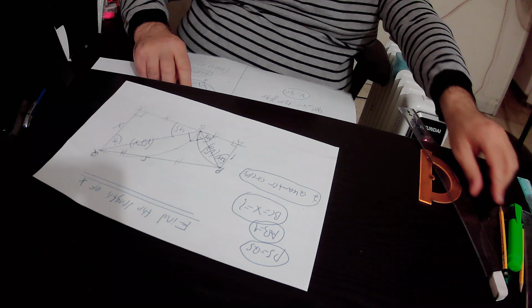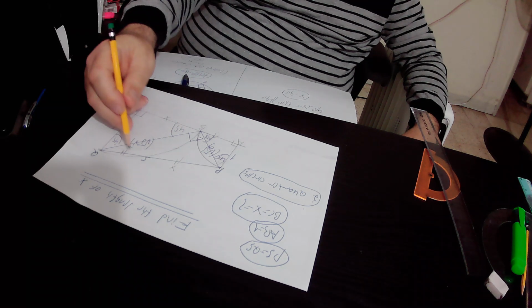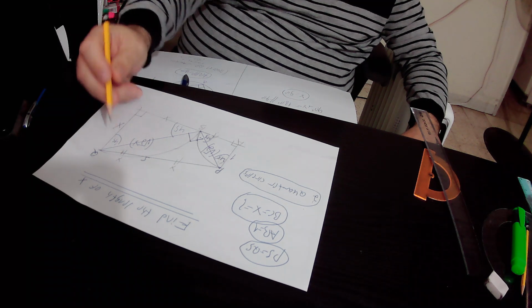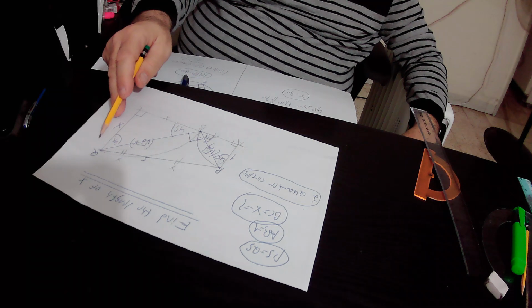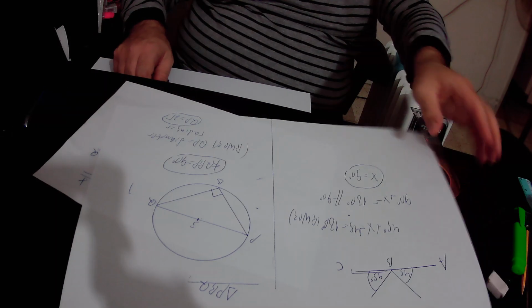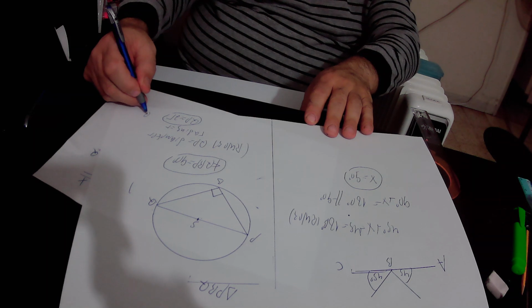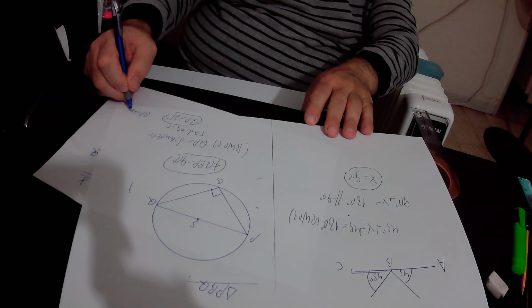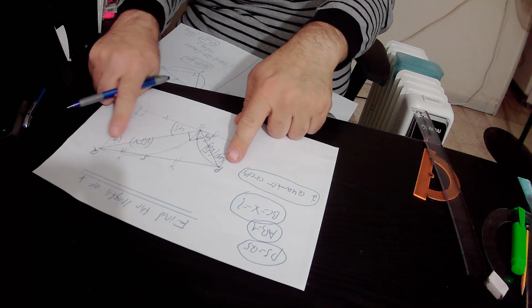So if PS equals x, then SQ must also equal x because they are equal to each other. So in total, PQ equals x plus x, that is 2x. So from the other side, QP equals 2x.